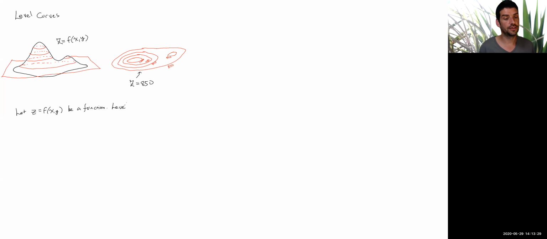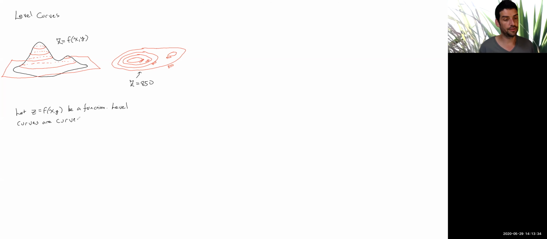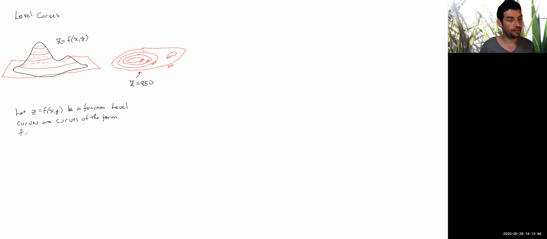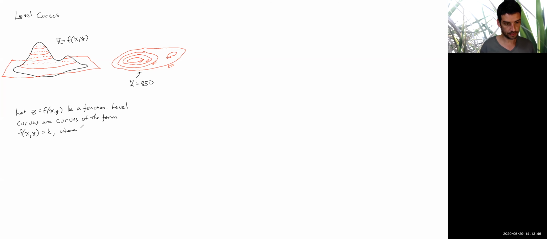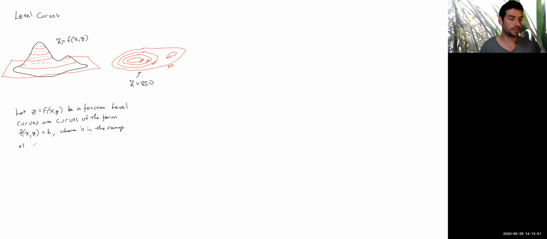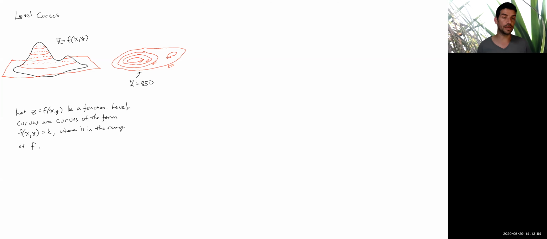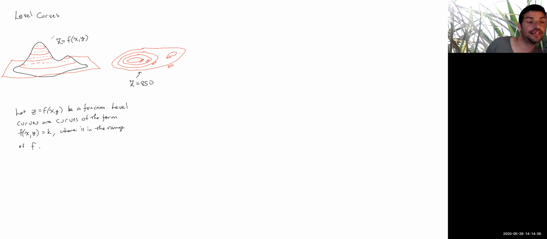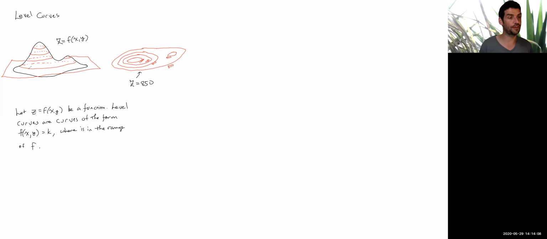Level curves are curves of the form f of x, y equals k, where k is in the range of f. So we pick a value in the range of f, just like I took 850 here, and the way we find the intersection with that plane is by setting our equation equal to it, and we'll find out what the curves are.